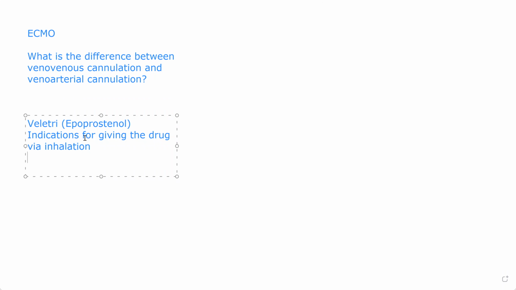So pulmonary vasodilator, it improves VQ mismatch because of the way that it works by inhaling it. And then the drug in the alveoli get absorbed by the capillaries and it dilates the pulmonary capillaries.